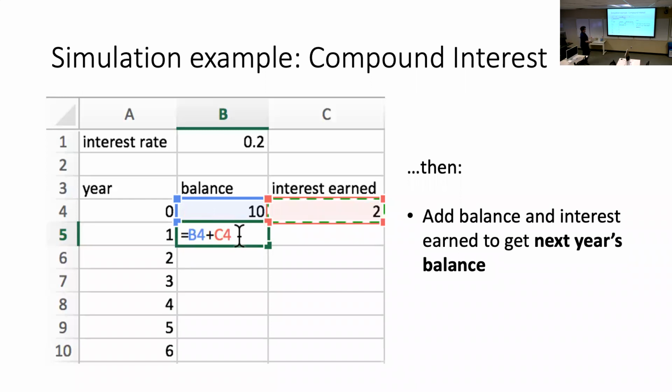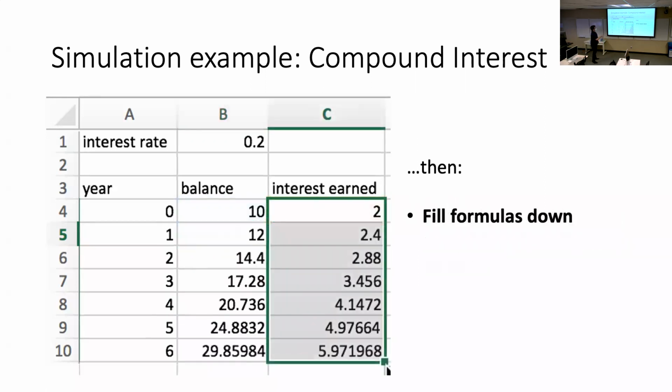And then in Excel, I can drag this little corner down, or you can highlight down and say fill down, and there are hotkeys you can use as well. Then it'll copy the formulas down so that I end up getting a balance that grows and an interest that grows. And that's how I simulate my bank account balance.